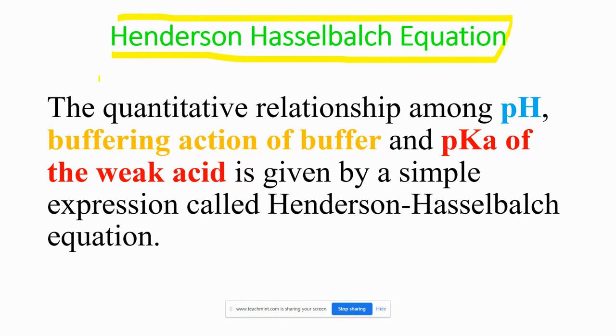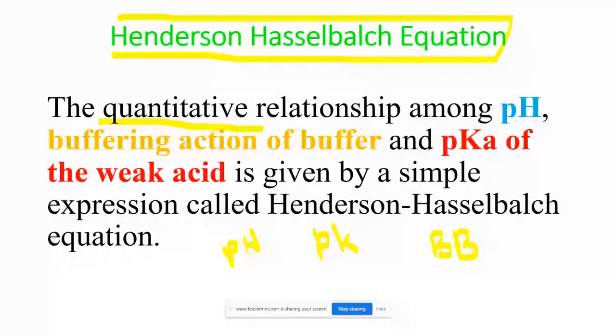It is a quantitative relationship between pH, pKa and the buffering action of the buffer. What is meant by the buffering action of the buffer? We already know the mechanism: it is how efficiently the buffer resists the pH change.